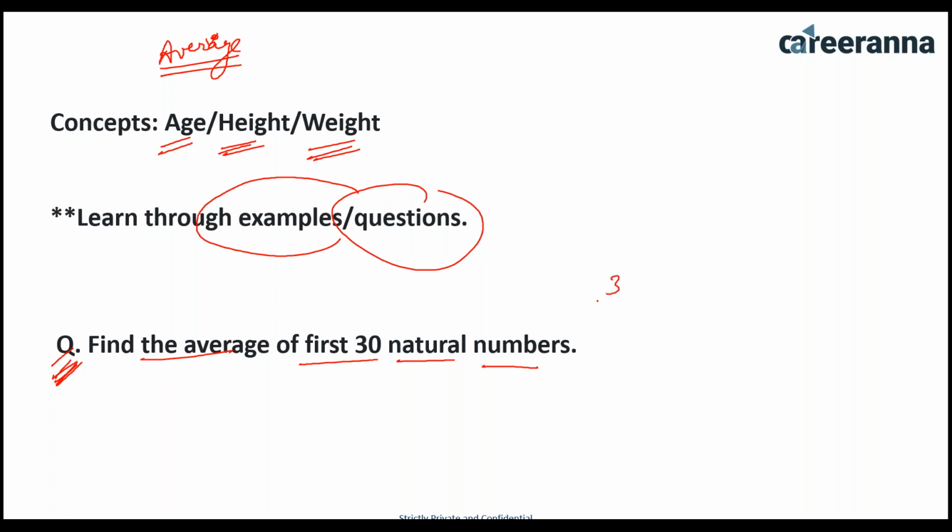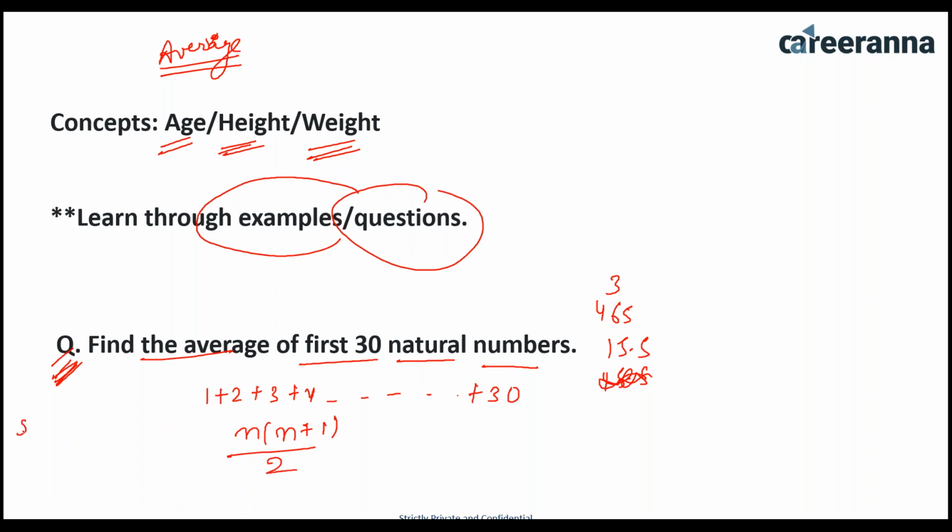Pranav, your answer is 3. Okay, Soumya 465. Let us see how many answers we get. 15.5. Okay. So we have to find the sum of observations, that is 1 plus 2 plus 3 plus 4 up to 30, right? There is a formula for doing it: n times n plus 1 divided by 2. What is this?